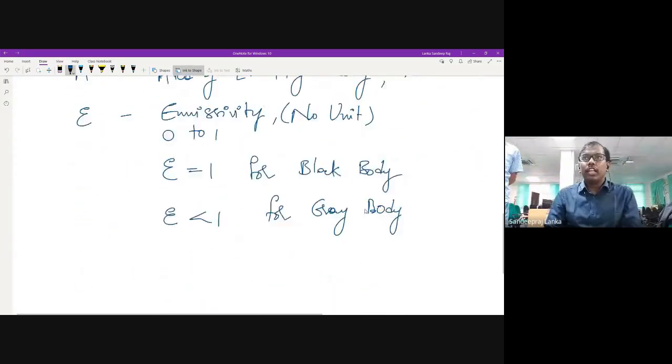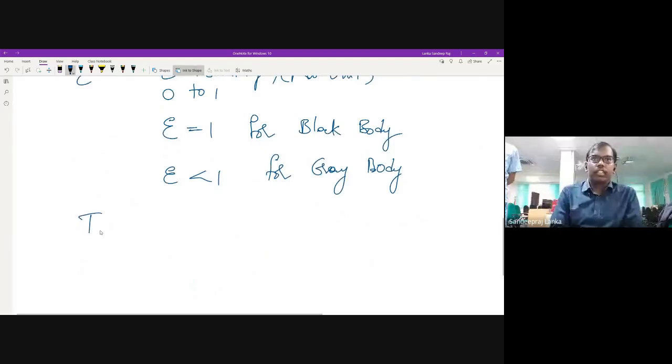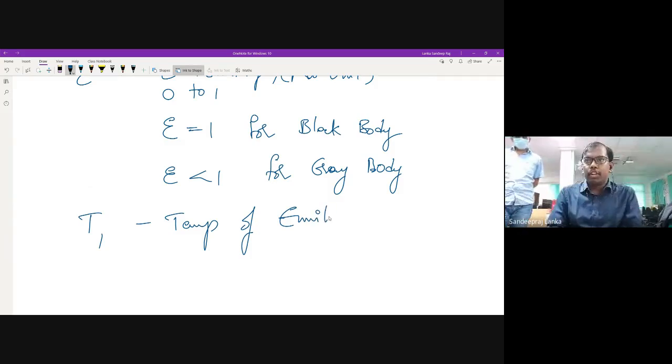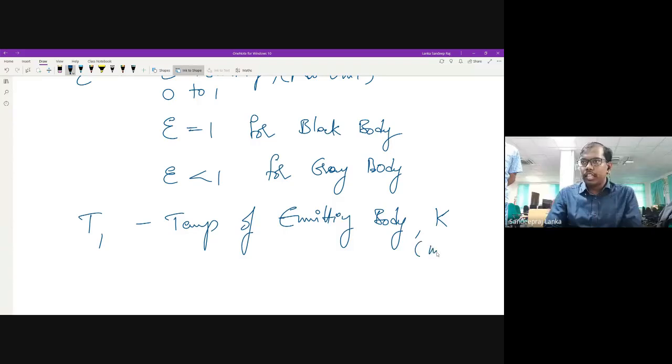Then you have T1. T1 is the temperature of the emitting body, and this is measured in Kelvin. This is very, very important. This is to be measured only in Kelvin, not in degrees centigrade.